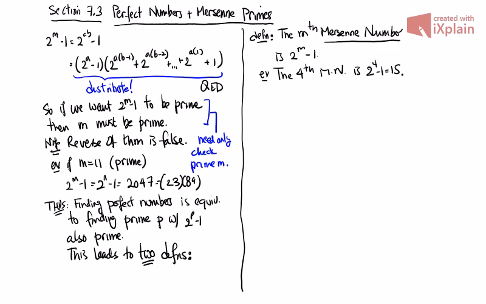Notice that's not prime, no big deal. Next definition: if p is prime, because it has to be for the next statement, and 2 to the p minus 1 is prime, then 2 to the p minus 1 is a Mersenne prime.